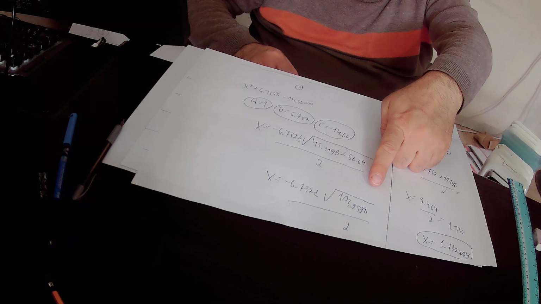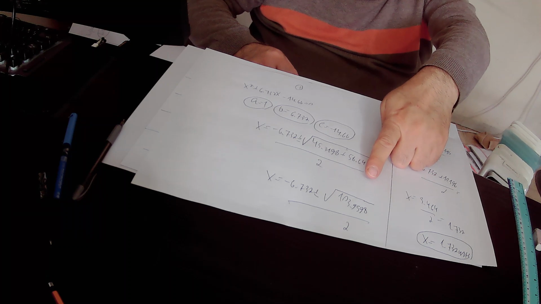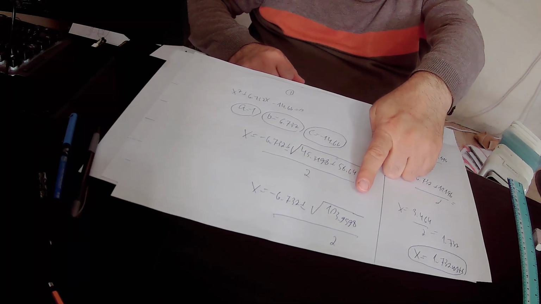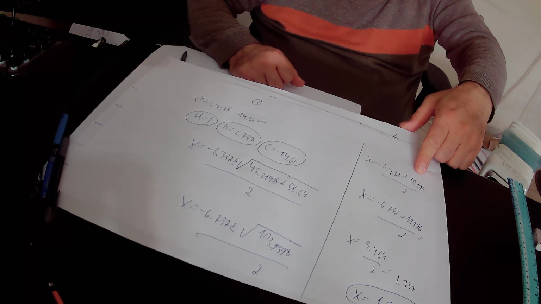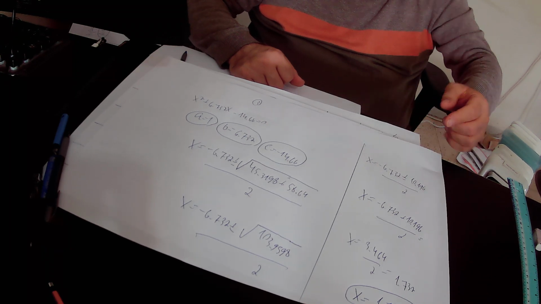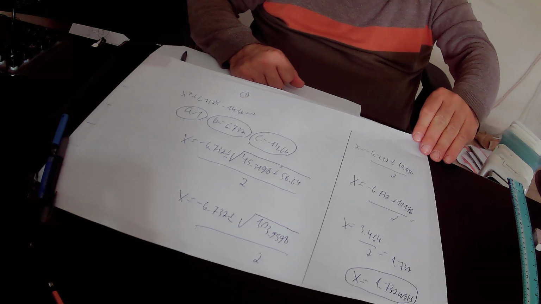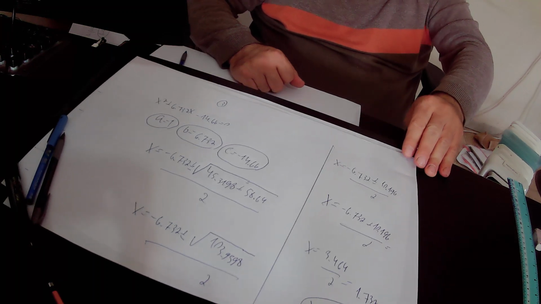So inside the root we are left with 103.9598, divided by 2. The square root of 103.9598 equals 10.196, divided by 2. So here we have two possible solutions for x.